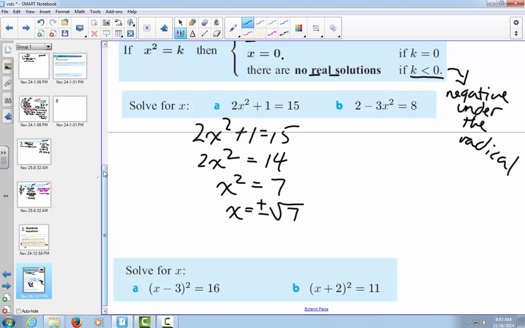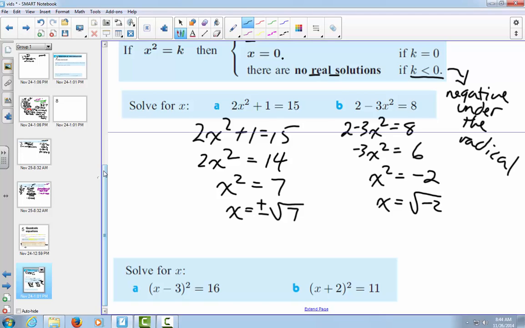So now we're going to do a little change here. We have 2 minus 3x squared equals 8. First thing we do, we subtract 2. Negative 3x squared equals 6. Now I have to divide by negative 3. X squared equals negative 2. X equals the square root of negative 2.